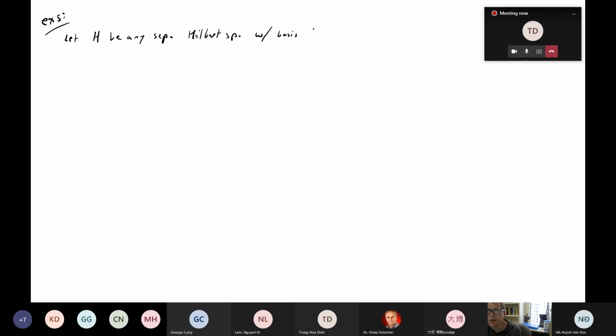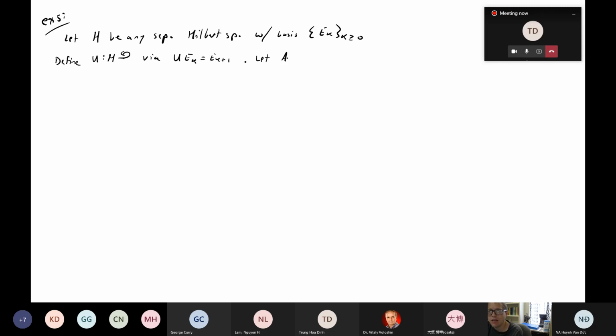It's not completely necessary, but it makes things a little easier. I'm going to have countable basis e_k, k greater or equal to 0. And I'm going to define a U taking H to itself. If I'm calling it U, then I'm probably doing a shift, so a unilateral shift.